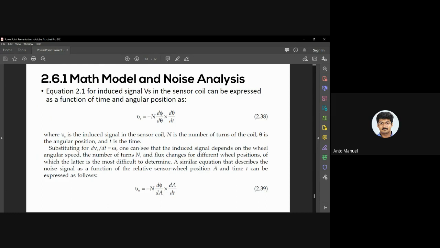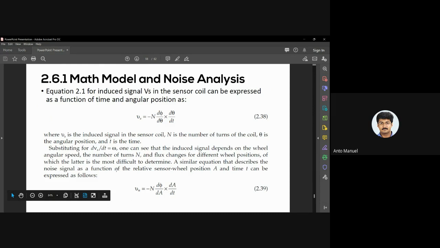While rotating, some angle is occurring, which is θ, and t is the time of the rotation or movement. The derivative of θ with respect to t is nothing but omega. When we substitute it, we get dφ divided by dθ.